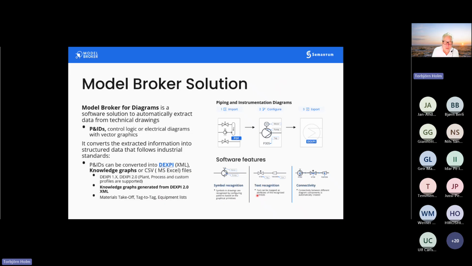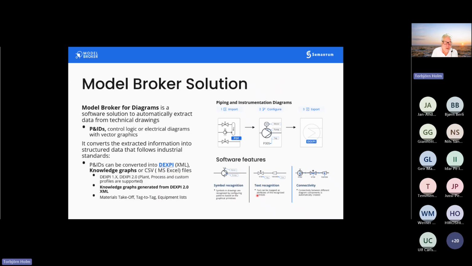We used Model Broker from Semantum. They are a partner in the 2.9 use case, and they have the capability to go from PDF file format, DEXPI or P&IDs, and translate that to RDF.